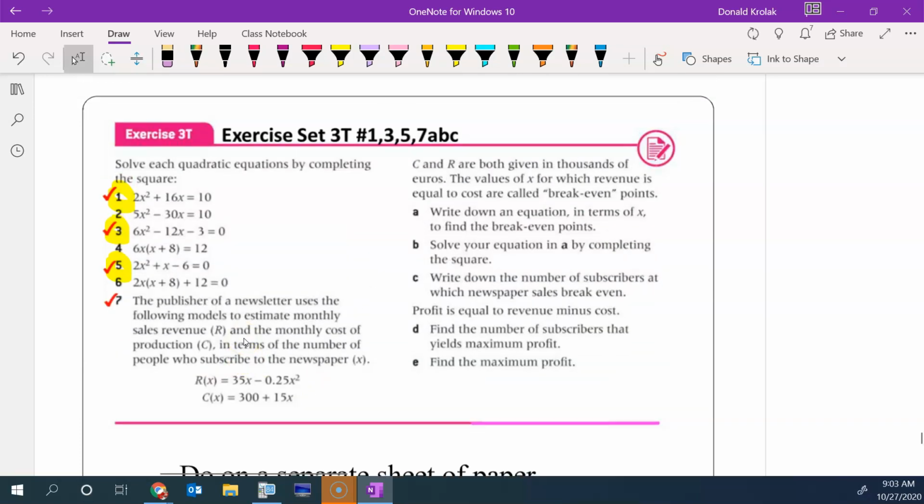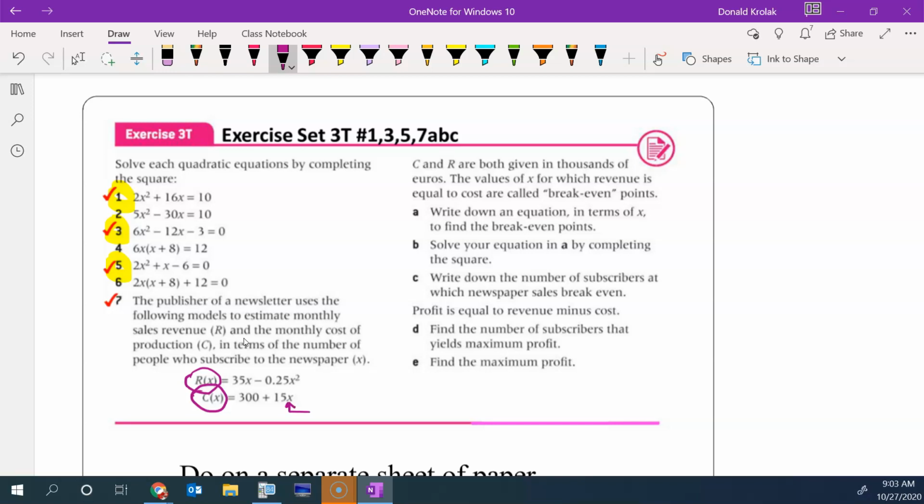Okay, a publisher of a newsletter uses the following models to estimate monthly sales. So that's revenue. That's how much you get from selling your newspaper. Then there's the cost of making the newspaper. These two formulas give you the revenue and the cost based on the number of people that subscribe to the newspaper.